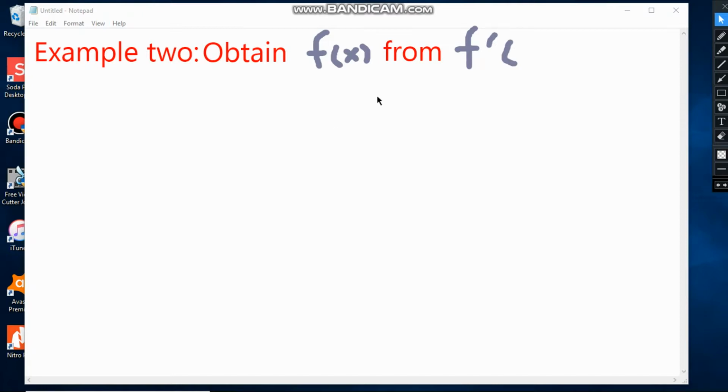Okay, let's look at example number 2. Obtain f of x from f dash of x is equal to a raised to x. In this case, we have this kind of expression, a raised to x, not e raised to x.